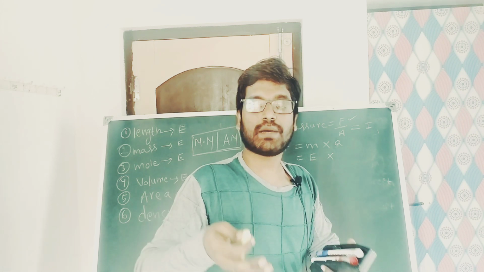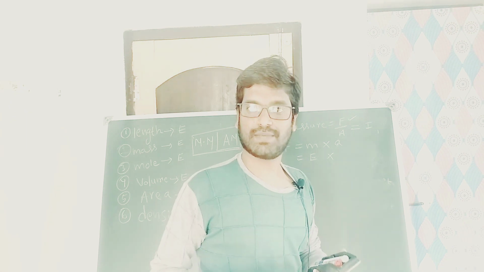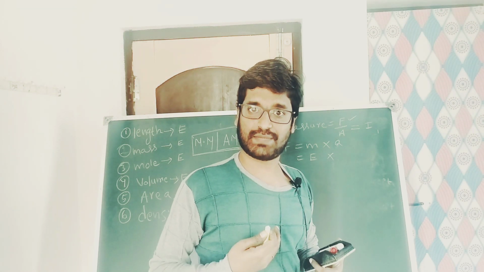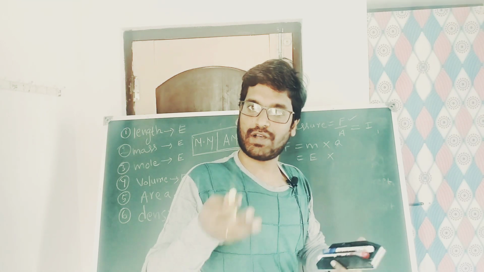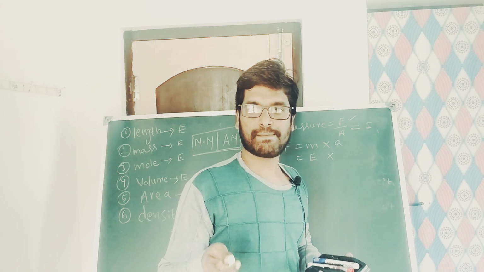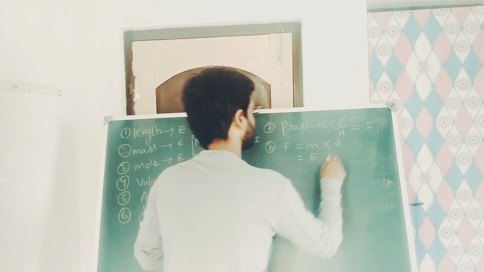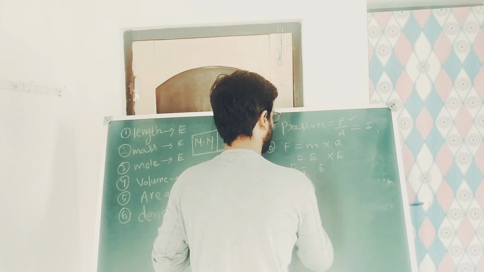So speed will depend upon size, right? If I am 55 kgs, I cannot move fast. If I am only a 20 kgs or 30 kgs person, then I can move fast, right? So speed depends upon the size. That means extensive property. So totally extensive. That means force is an extensive property.